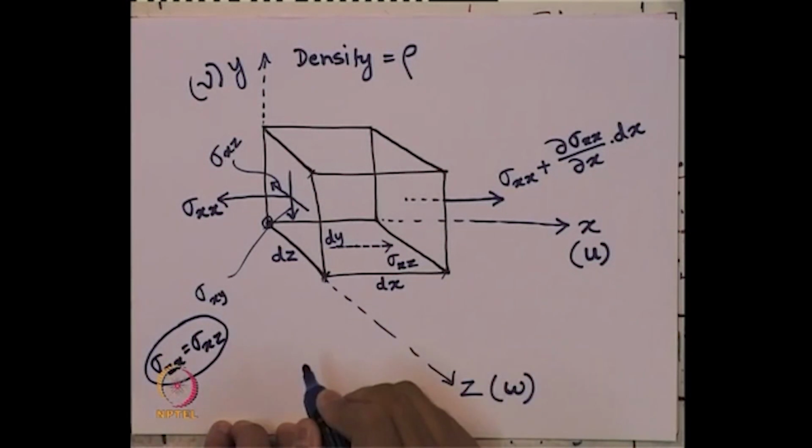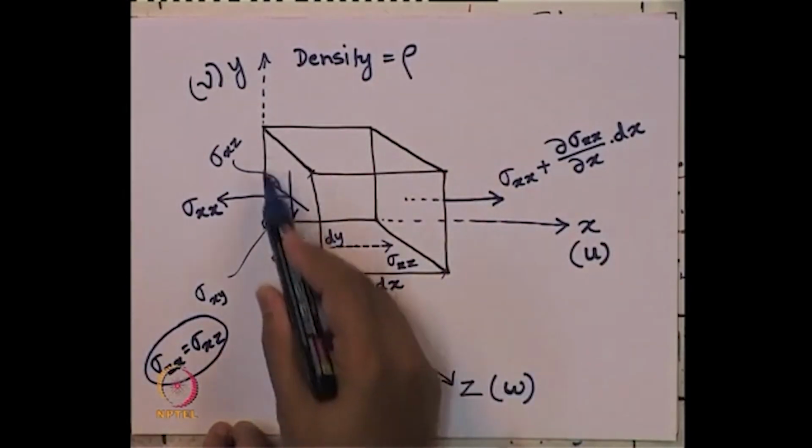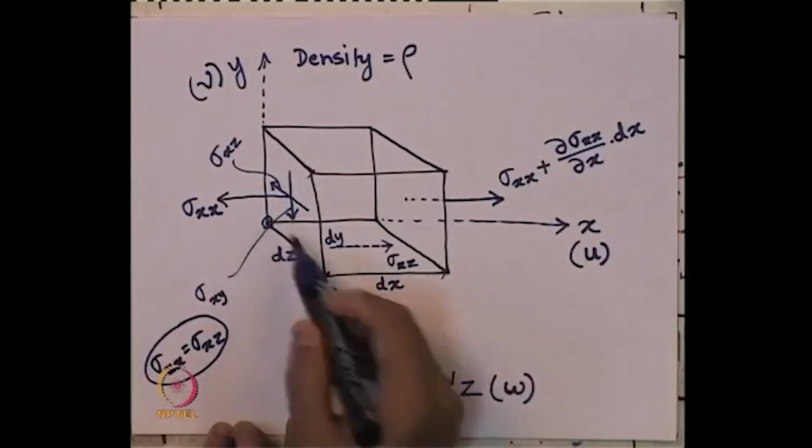Okay. What will be the change over a travel of this distance of dy?